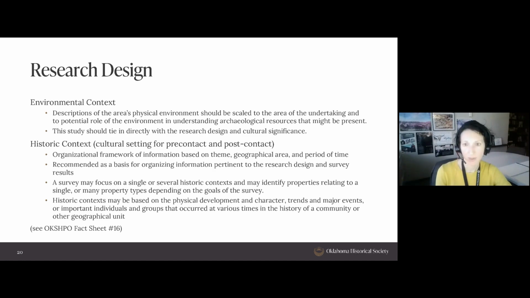A survey may focus on a single or several historic contexts and may identify properties relating to a single or multiple property types depending on the goals of the survey, the objectives, and what the preservation needs are. Historic contexts may be based on the physical development and character, trends, and major events or important individuals and groups that occurred at various times in the history of a community or other geographical unit.